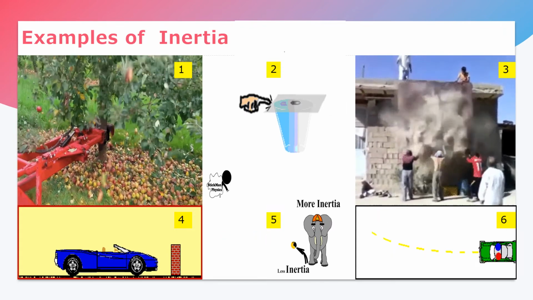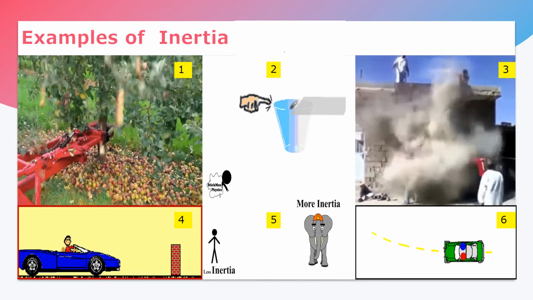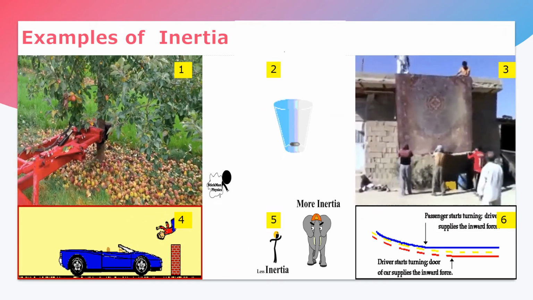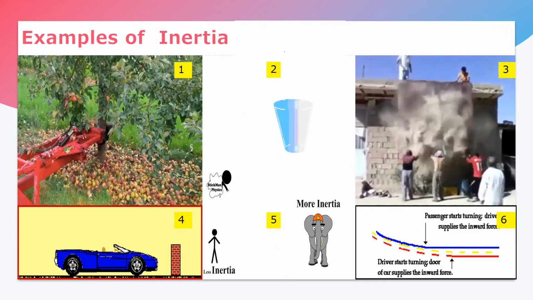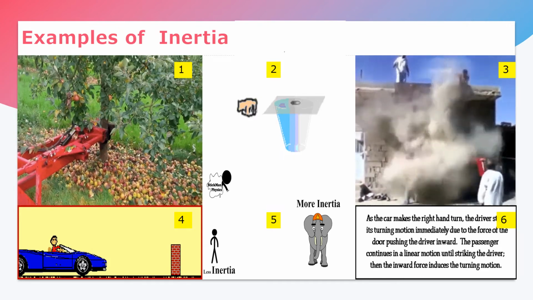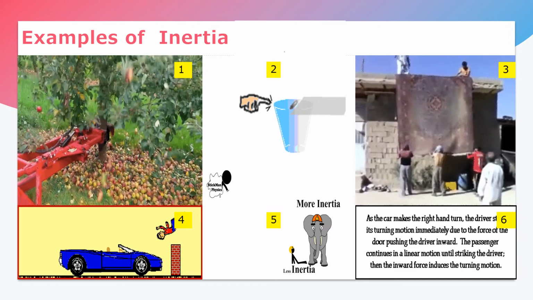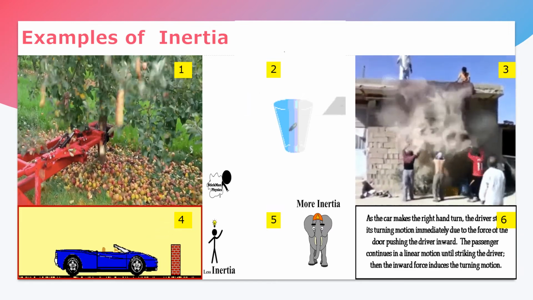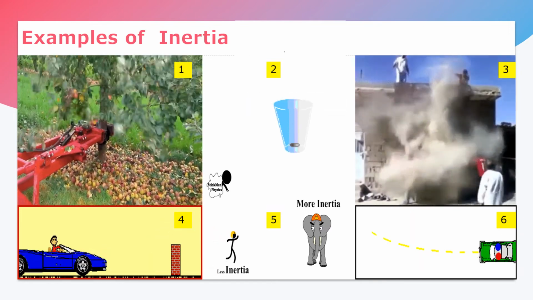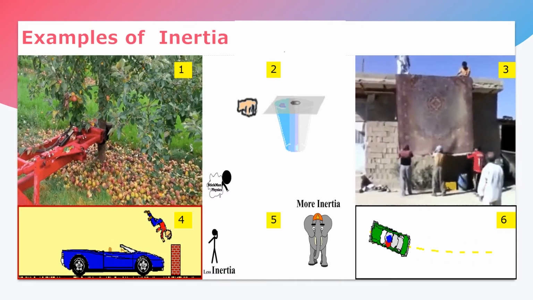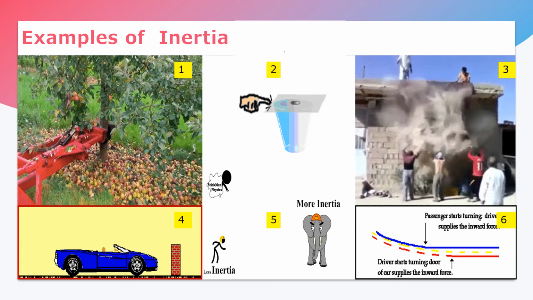Now see the fourth picture. The body of the person is in the state of motion along with the vehicle. But when the vehicle comes to a stop by hitting the wall, he will be thrown to the front because his body has the tendency to continue in the state of motion due to inertia of motion. Next, see the sixth picture.